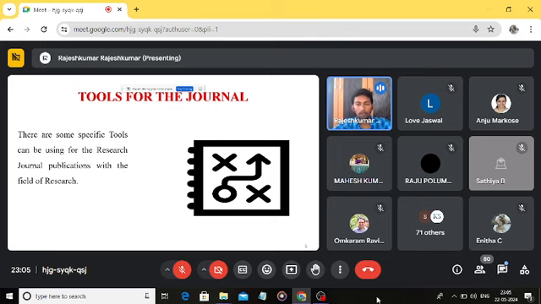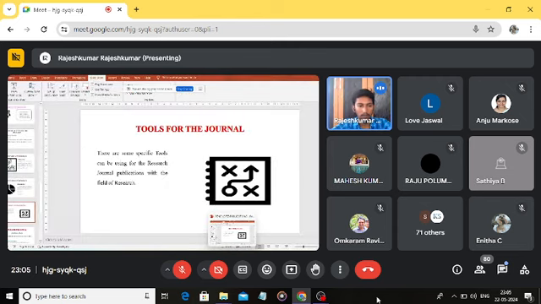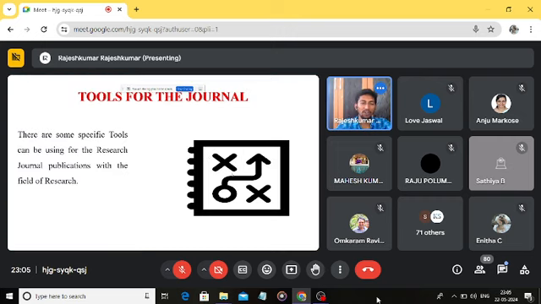Tools for the journal. What is the tool? What will be considered the tools for the journal? What are all the tools? Why are we using the tools for the journal?